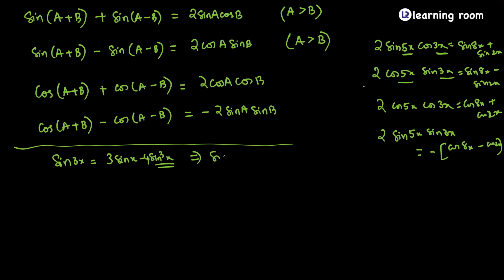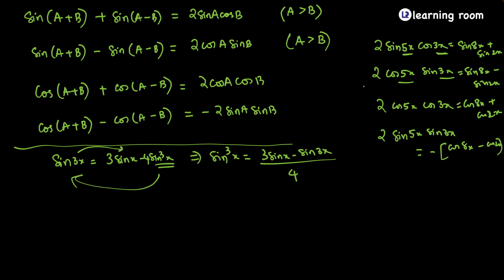From this I can say sine cube x is equal to 3 sine x minus sine 3x, the whole divided by 4. Did you understand? 4 sine cube x comes this side, sine 3x goes to the other side.